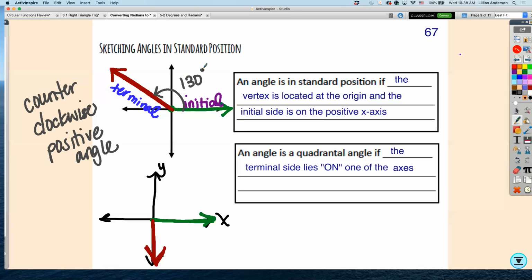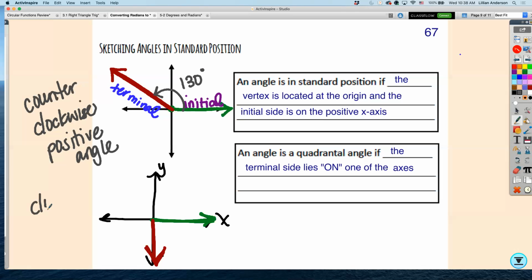That gray arrow that I drew is important because it tells you which direction we turned the terminal side, and of course, which angle we're creating, whether it's going to be a positive or a negative one. So if you go counterclockwise, you're creating a positive angle.